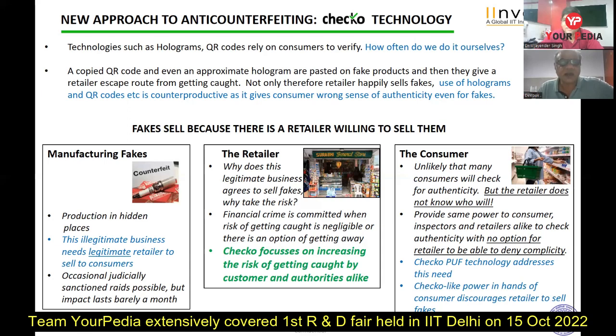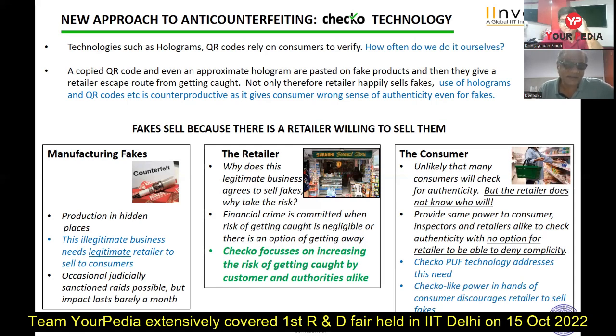Now look at the second point I have made here. If a copied QR code is pasted on a fake container, or a hologram, which is not even an exact replica, though you can make an exact replica, but even if it is an approximate hologram, you stick it there on the fake. When you look at a hologram, you think the hologram is stuck there, so it must be authentic.